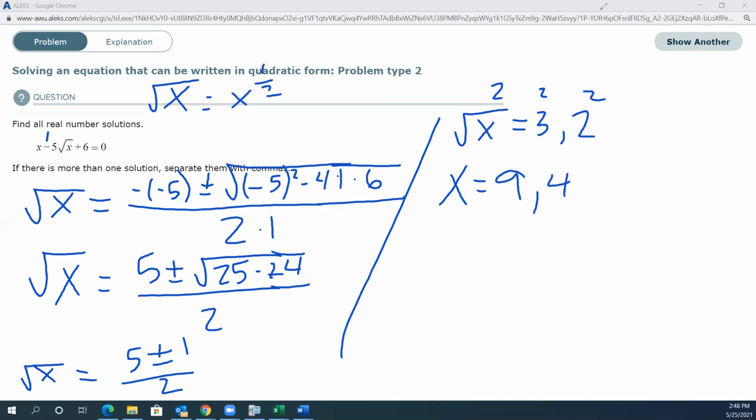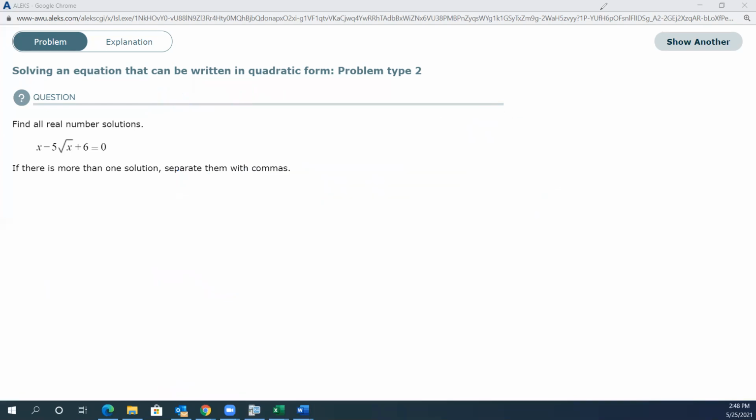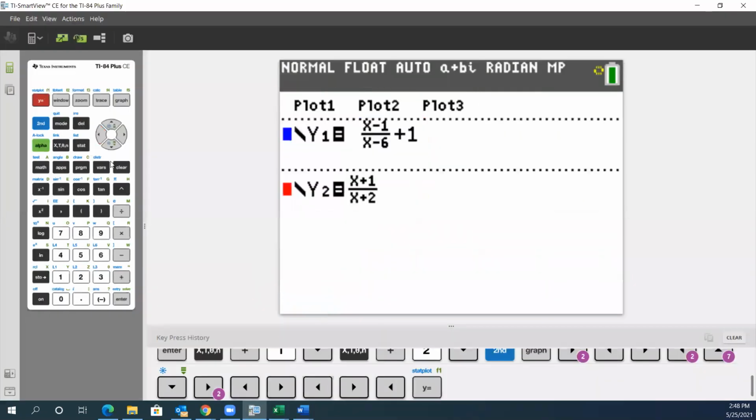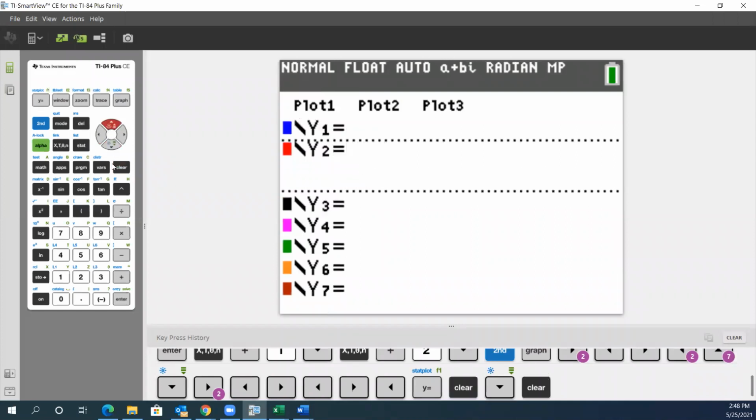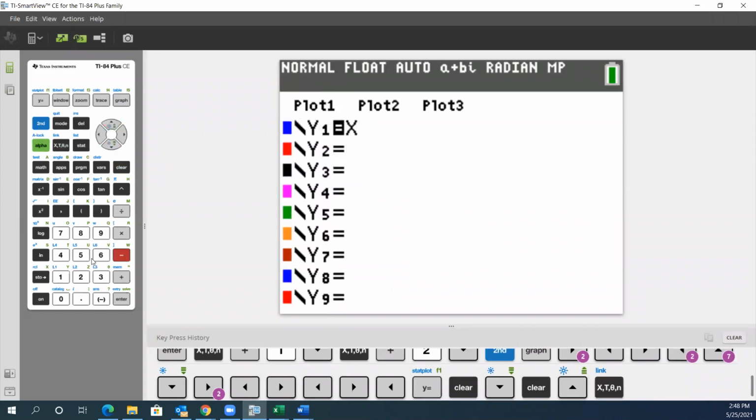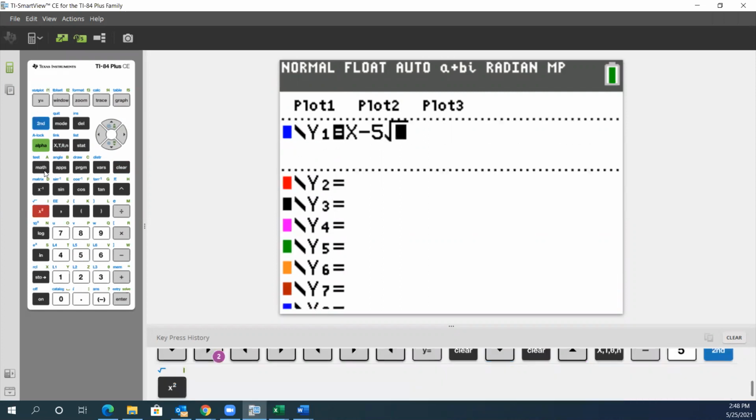And it's always good to check our work. Let's see if 9 and 4 actually do work, because, well, things pop up sometimes. So x minus 5 square root of x plus 6.